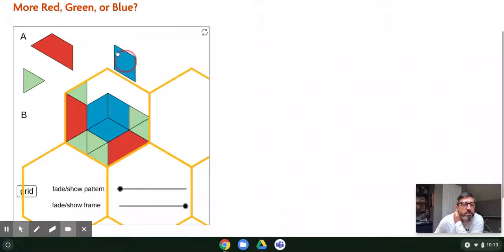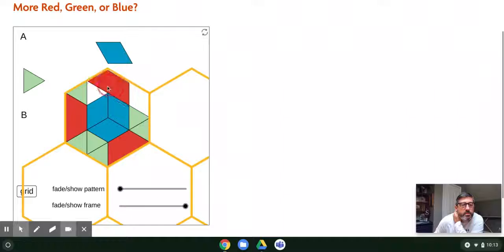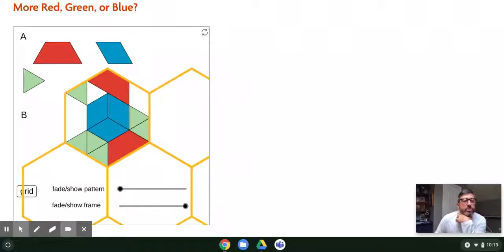The green one is a triangle, and the blue one is a rhombus. Which one looks bigger? Let's use this one. Yeah, the trapezoid is bigger.